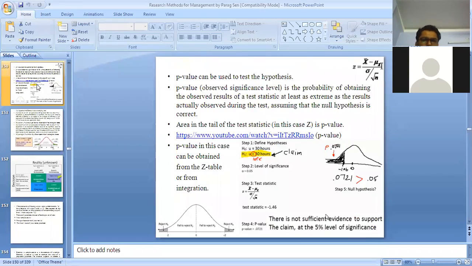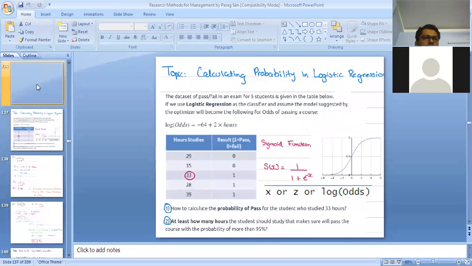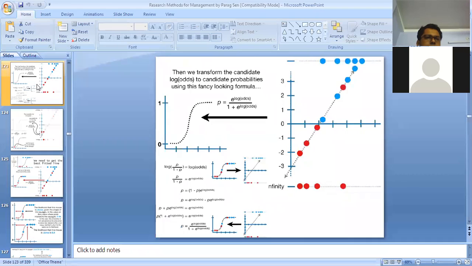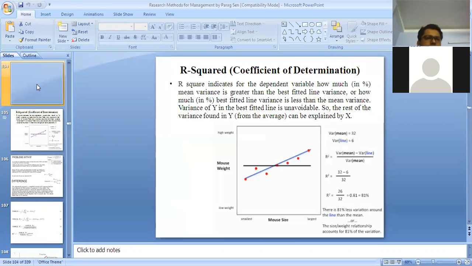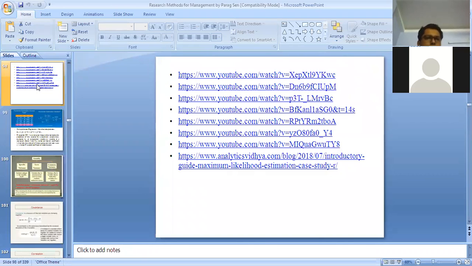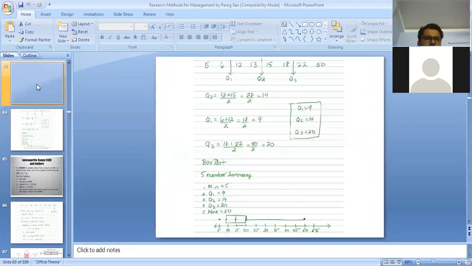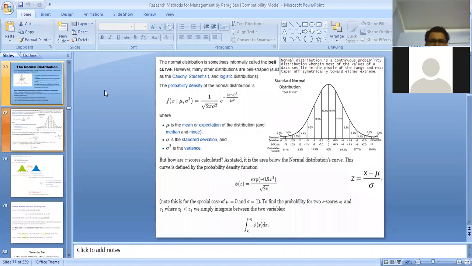Suppose I would just like to show you the curve of the normal distribution. Yes, you can see that this is the curve of the normal distribution.